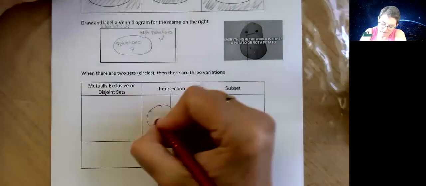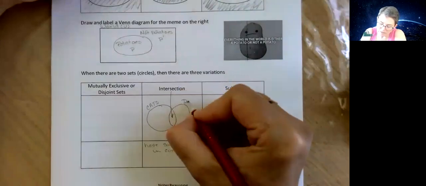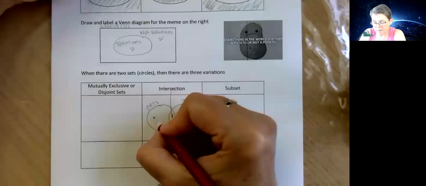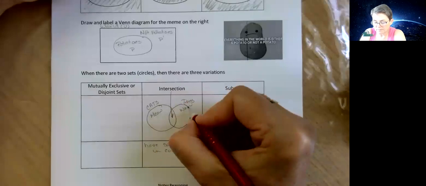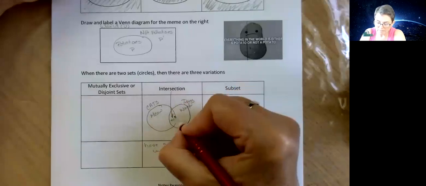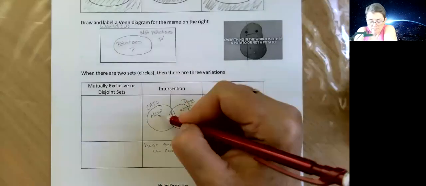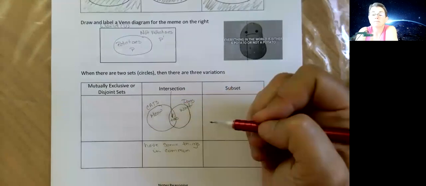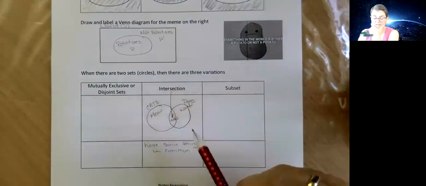So if we make this cats, make this dogs, then cats go meow, dogs go woof, and they both have tails. Only cats go meow, only dogs go woof, but they both have tails. You can put more stuff in there, but there you go. Okay, that's intersection.